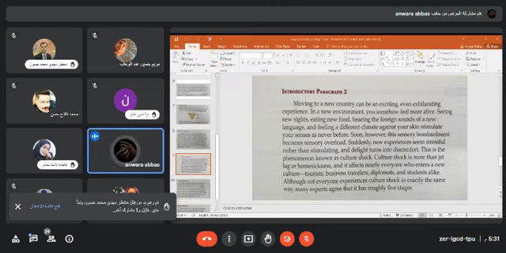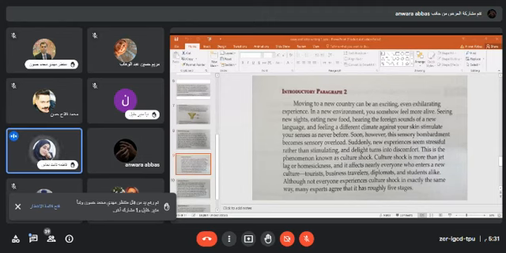Okay, Fatma, do you want to read? Yes, Professor. I can try. Okay, go ahead. Moving to a new country can be exciting, even exhilarating experience. In a new environment, you somehow feel more alive, seeing a new sight, eating new food, hearing the foreign sounds of a new language, and feeling a different climate against your skin stimulate your senses as never before.